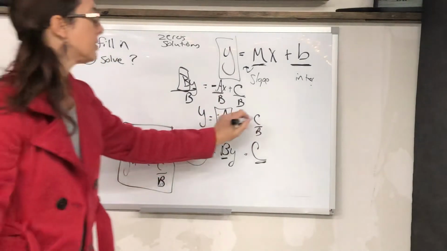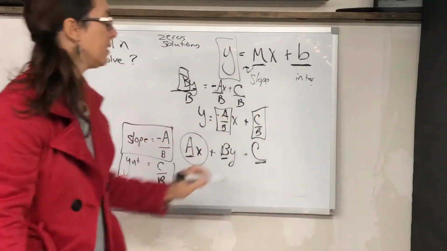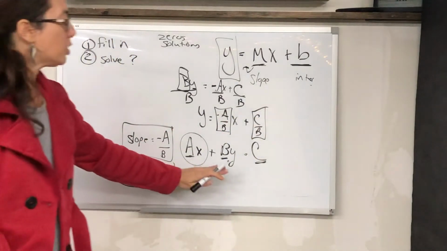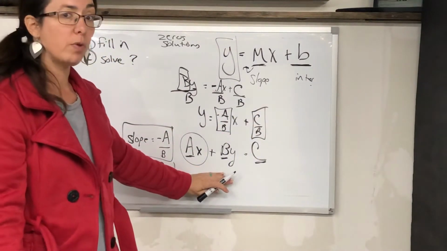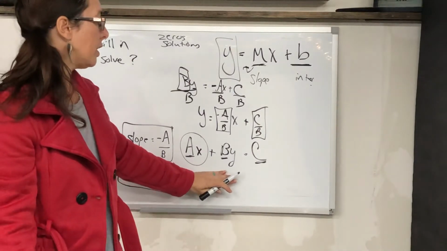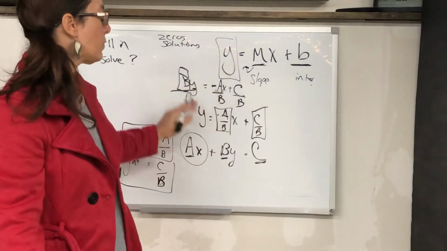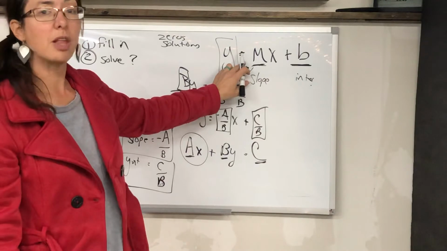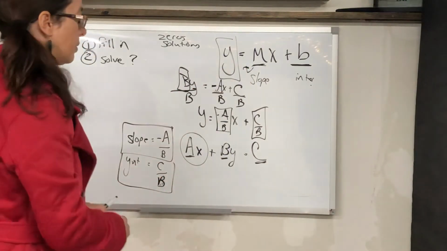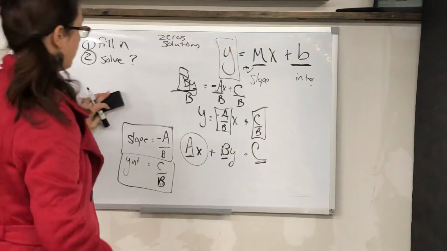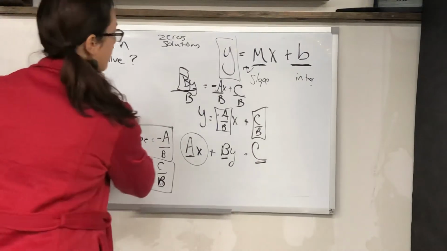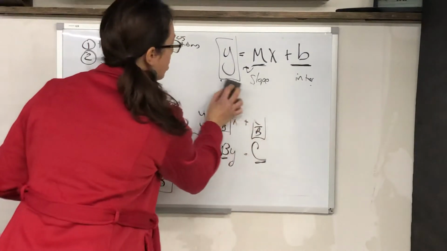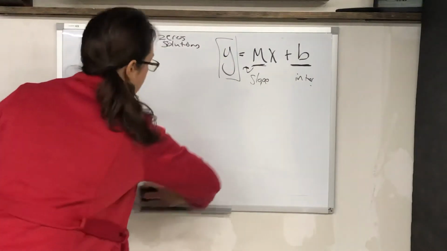Our y-intercept is c divided by b. We took our basic standard formula in our equation here, and we just rearranged it so it looked like something that was a lot more familiar to us. So those are two forms. That's standard and slope-intercept.